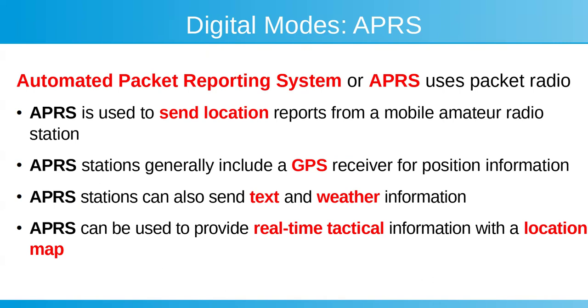And one of the things you can do with it is there's some applications where you can actually display a map and show the different APRS stations. If they're mobile, it'll usually be represented with a little car icon, and you can see them moving around. It'll have the call sign and show their location.